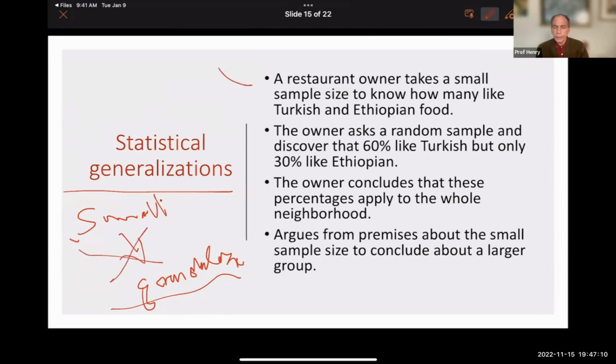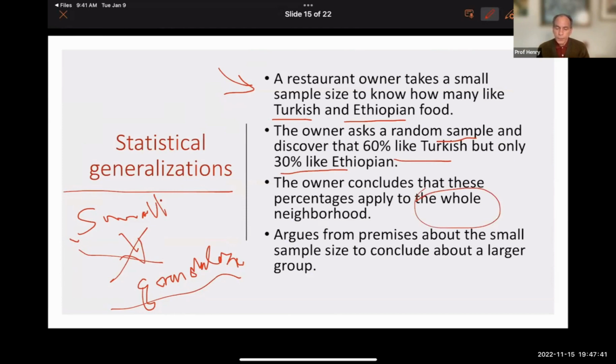So here, a restaurant owner takes a small sample to know how many people in the neighborhood like Turkish and Ethiopian food. He asks a random sample and discovers 60% like Turkish, but only 30% Ethiopian. The owner concludes that these percentages apply to the whole neighborhood, okay?